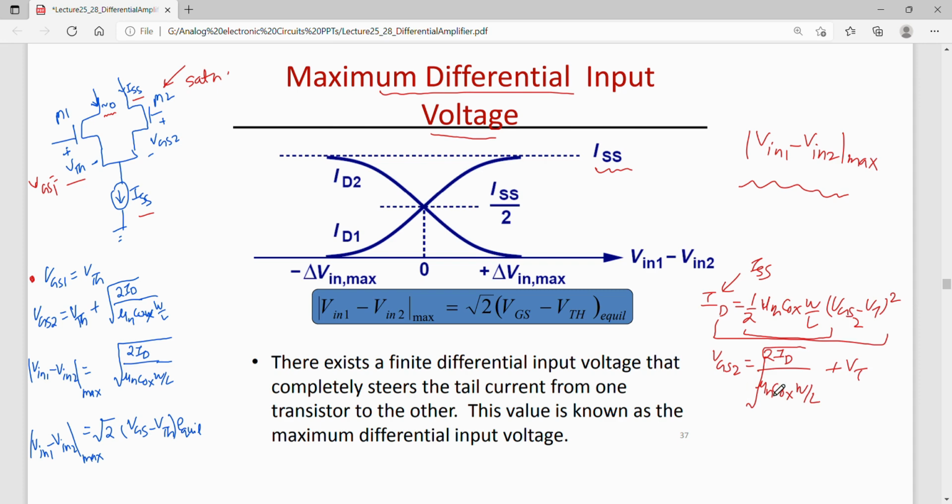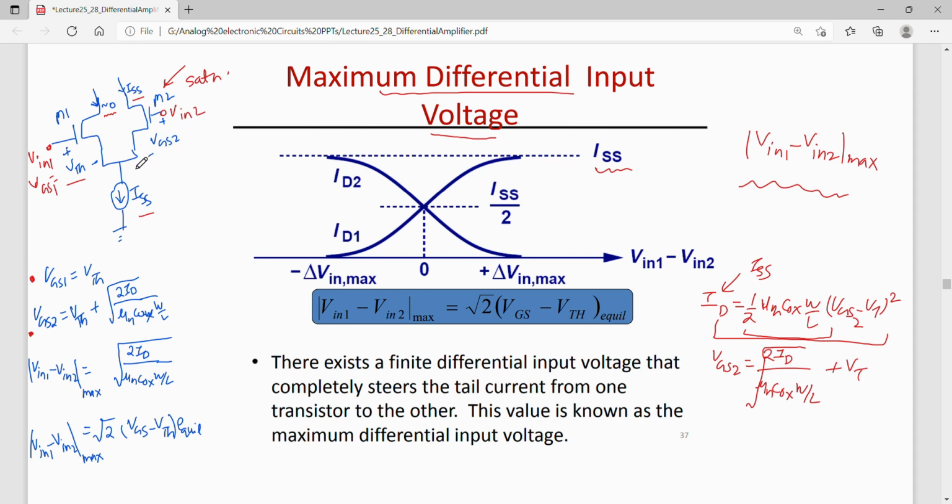Okay, so VGS2 is root of 2 ID by mu n Cox W by L plus VT, which is also mentioned over here. So VGS1 is known, VGS2 is known, and these VGS1 and VGS2 are actually Vin1 and Vin2.